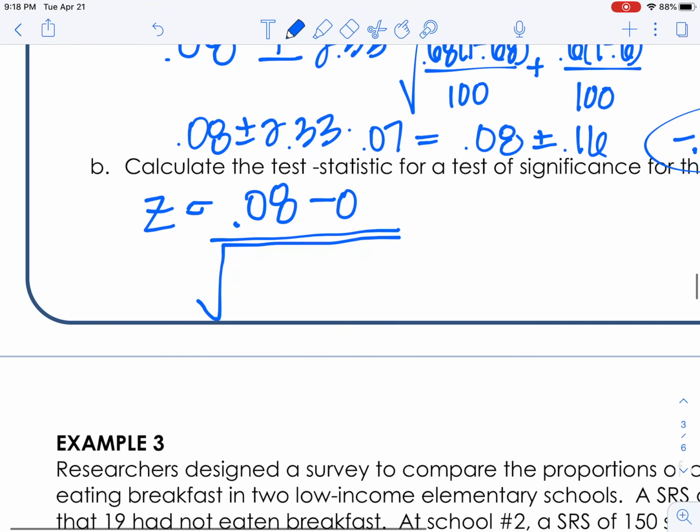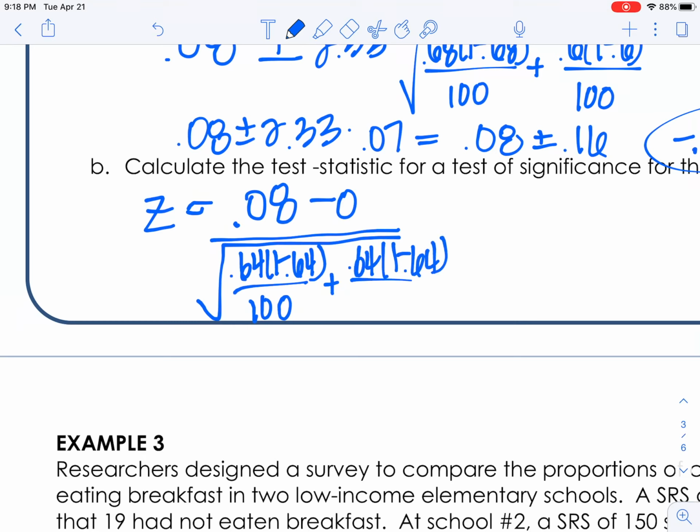So then when we do this denominator for our test statistic, we would say 0.64 times 1 minus 0.64 over 100. And then we actually repeat that. That only works because our sample size is the same in both of our samples. So 0.64 over 100.